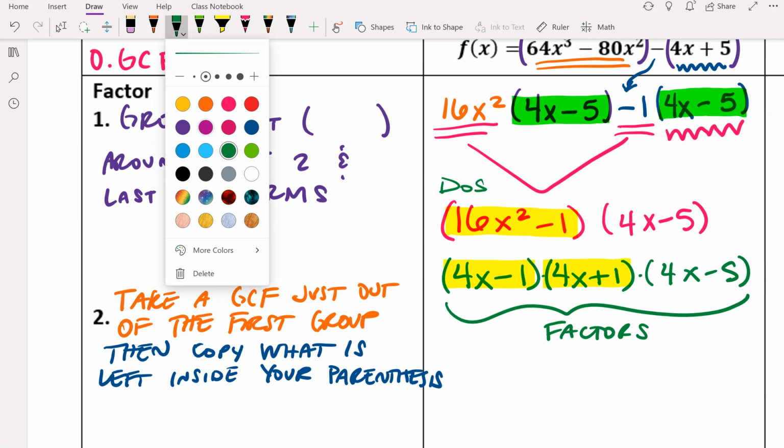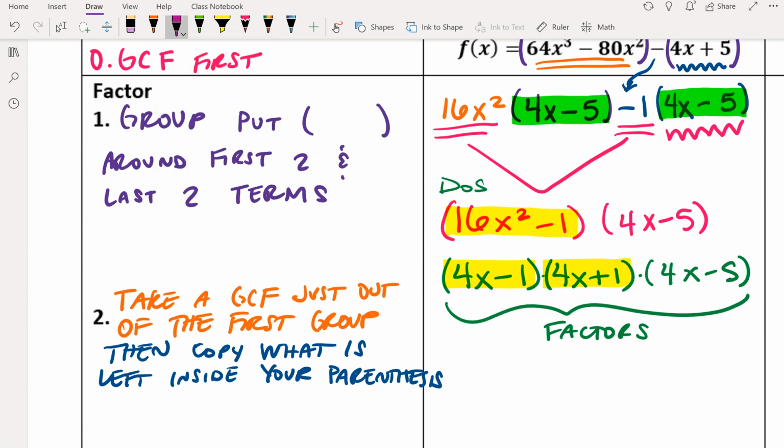Okay, now we need to solve. Find the solutions. I'm going to do that in the last color, which will be magenta. Okay, so let's solve. What does x equal? That's what solving means. So x equals, for this factor, I'm going to use my trick. X equals, flip the sign on this number, so positive 1, over, divide by this number, 4. And let's do the same thing for this factor, negative 1 over 4.